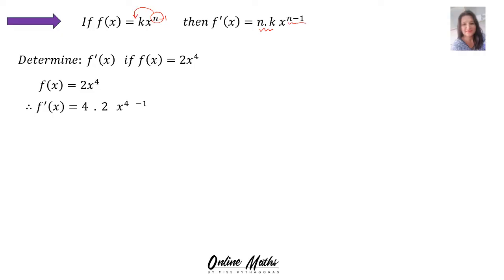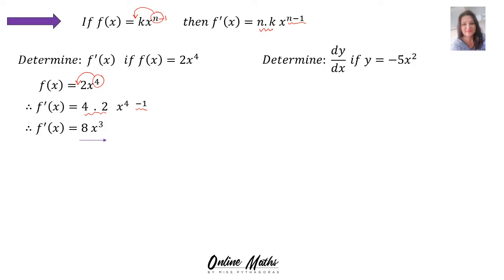So you will take the 4, the exponent, it goes to the front, it finds the 2 and it multiplies with the 2. And then you go back to the exponent and you subtract 1. Therefore, the derivative there is equal to 4 times 2 is 8, and on the exponent, x to the 3. 4 minus 1 is 3.